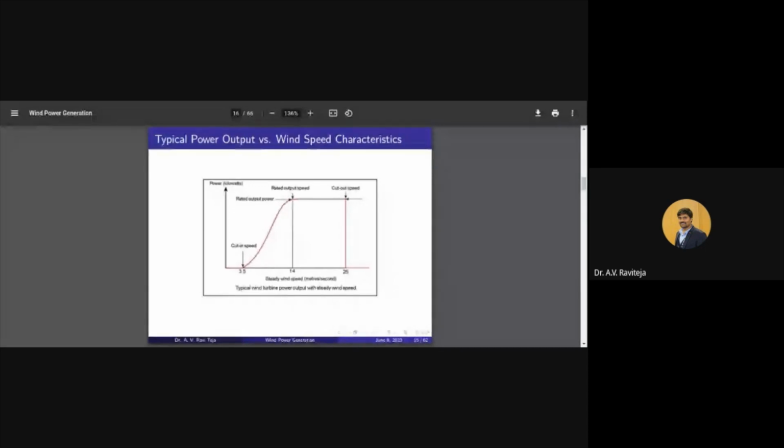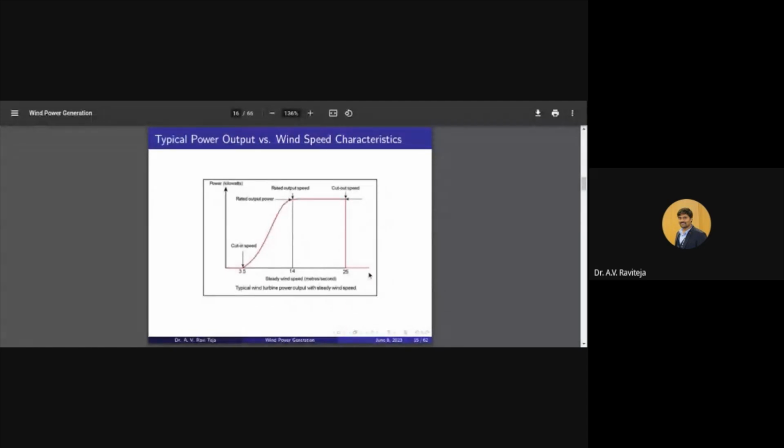Wind at 30 meters per second may not come even for half an hour in one day, so all the equipment is underutilized. So you have to choose these ratings carefully. Otherwise I am spending more and will take more time to recover my input cost of the turbine and equipment.